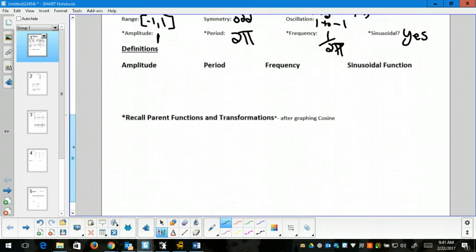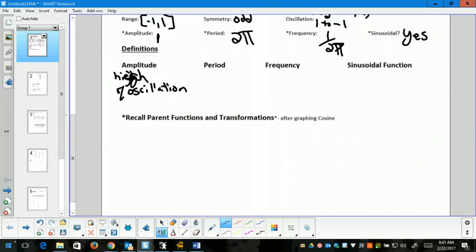Definitions of amplitude, period, and frequency. Period is how long it takes. Amplitude is really how high, or the height of the oscillation. One of them is going to be in a positive direction.